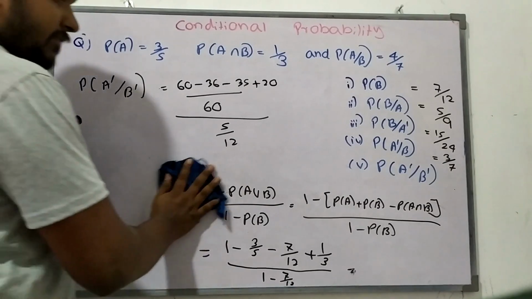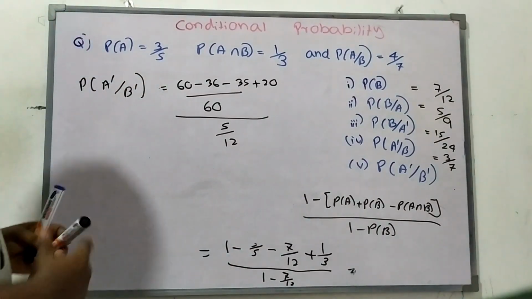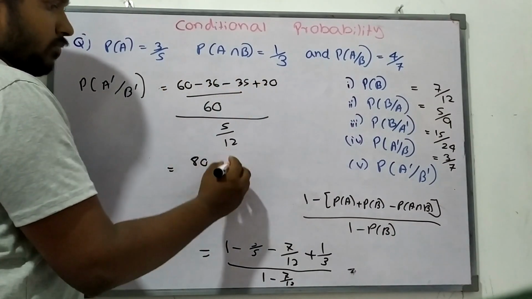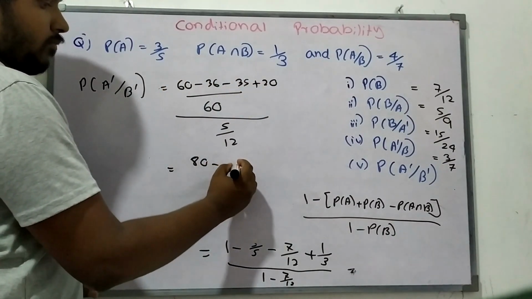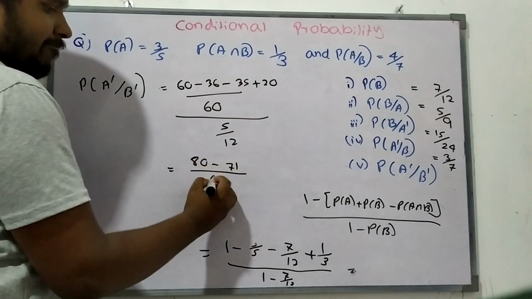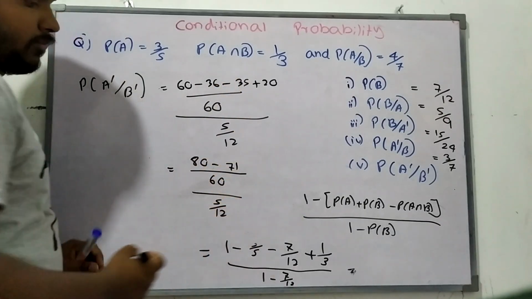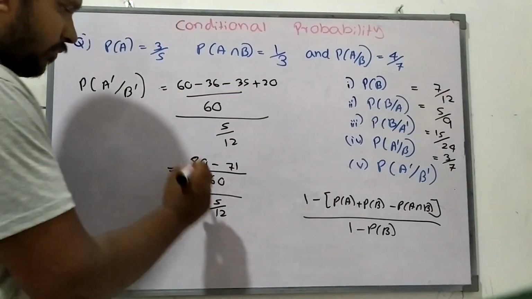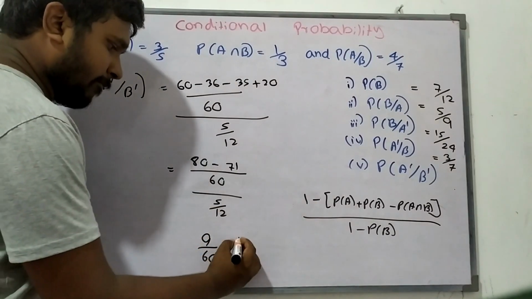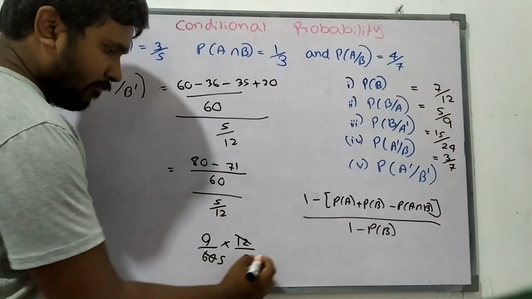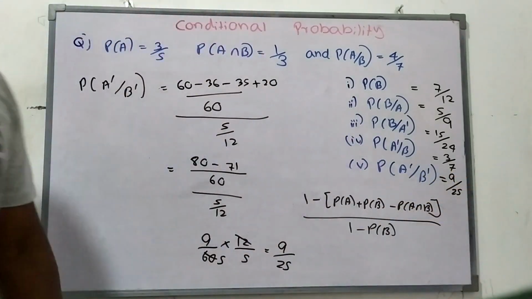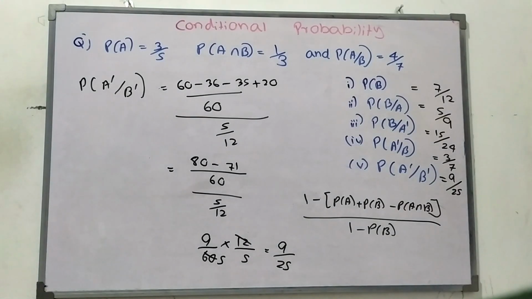So likewise, 12, right? Then it's 9 over 60, times 12 over 5, 9 over 25. So this is the answer of the fifth question, the fifth one.